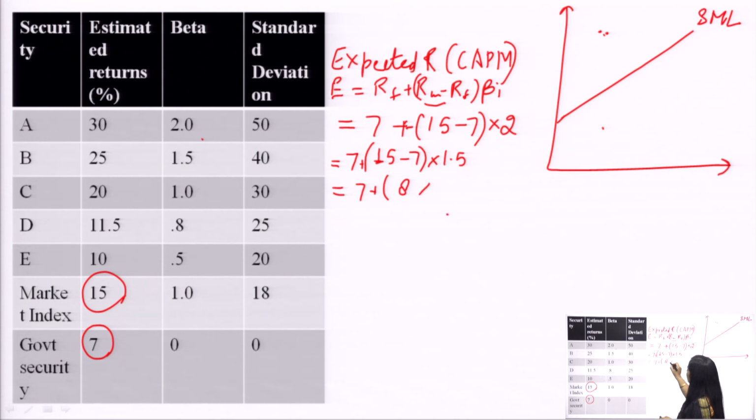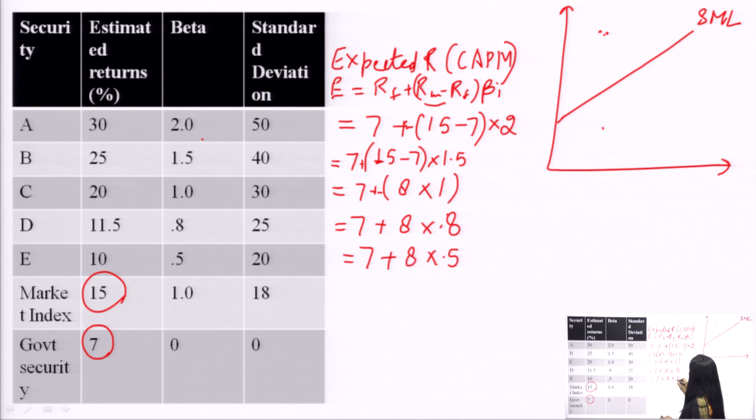So, 8 into the value of beta, which is 1; here it will be 7 plus 8 into the value of beta, which is 0.8; here it will be equal to 7 plus 8 into 0.5.